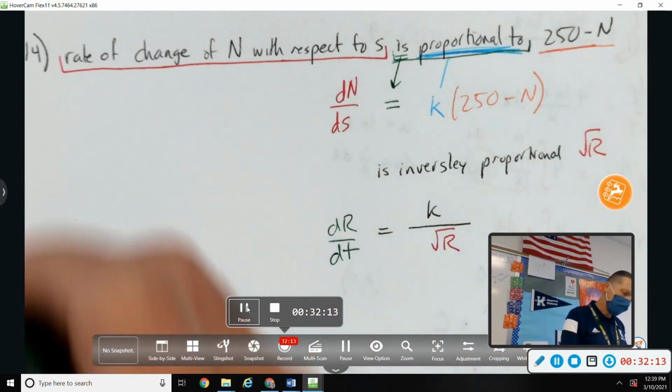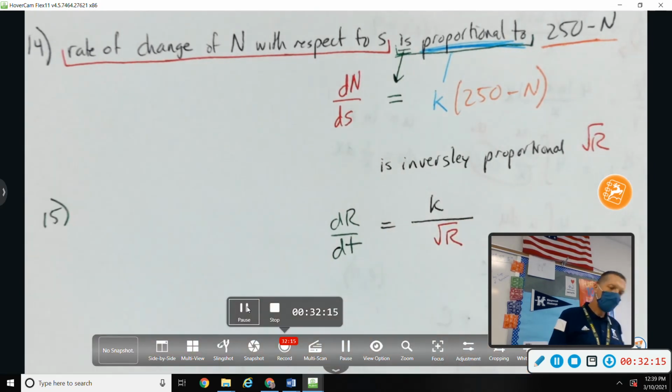It's number 15. And it's kind of weird. 14 looks like it'd be a simpler problem because 15's got a square root and a denominator. But once you separate the variables, you realize that 15 is probably the easier question.